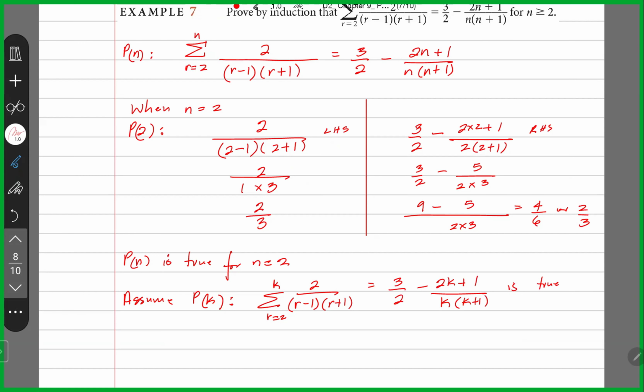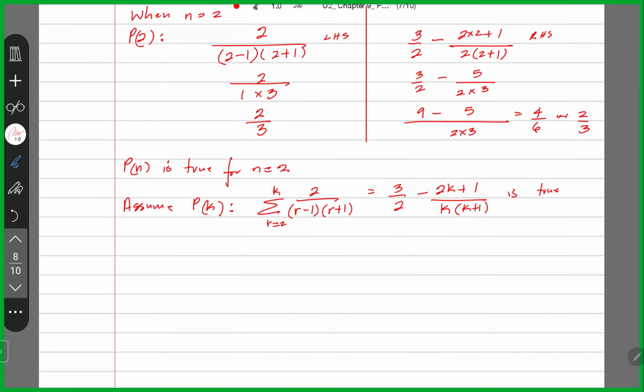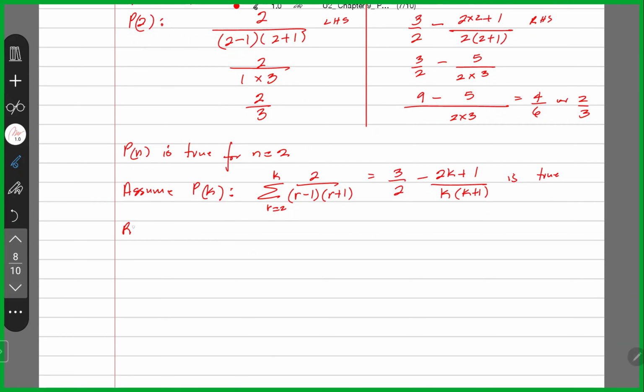As the second step in PMI, then we are required to prove, this is the third step, that Pk plus 1, which is the sum from r equal to 2 to k plus 1 of 2 over (r minus 1) times (r plus 1), is equal to 3 over 2 minus 2 times (k plus 1) all over (k plus 1) times (k plus 1 plus 1).